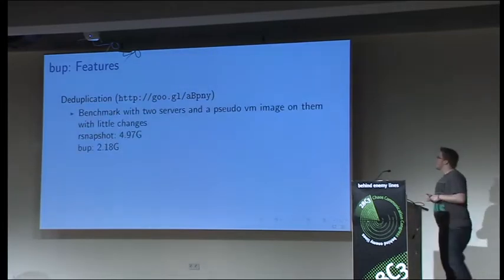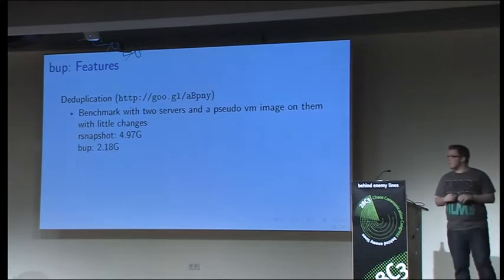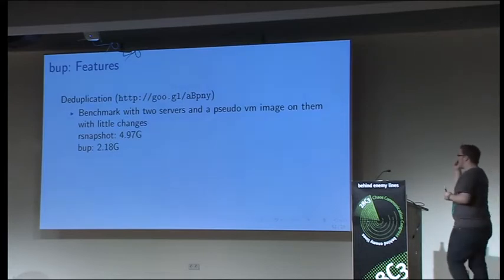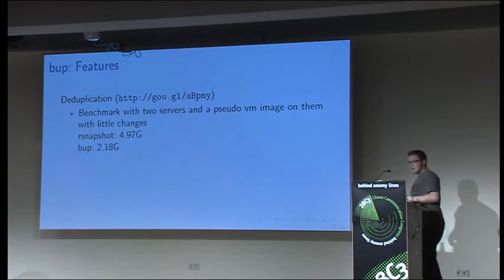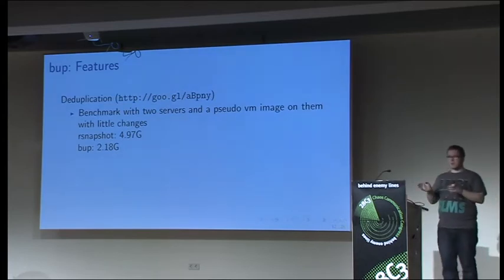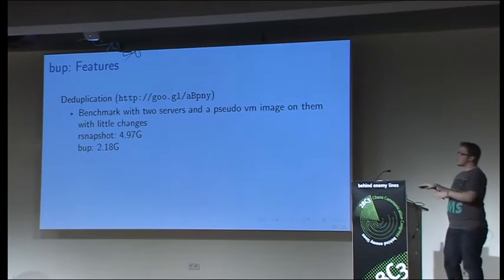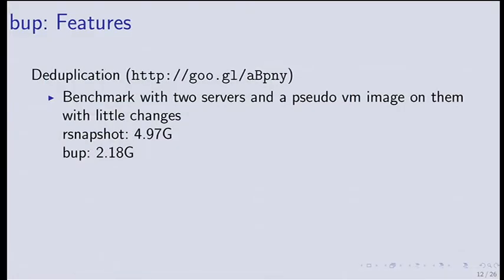Yeah. Then I sat down and made a benchmark. I started two Amazon EC2 machines with Debian, put some random data there and changed a bit in it on both machines, did my backups, and you can read it on the thread. rsnapshot had 4.97 gigs, BUP 2.18.